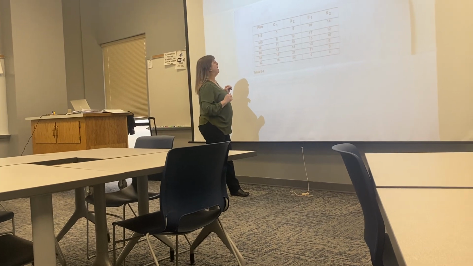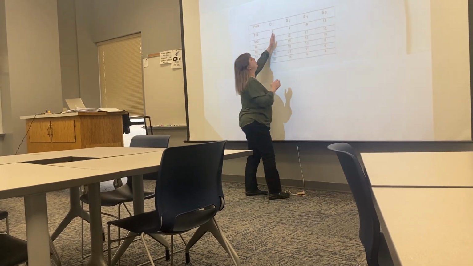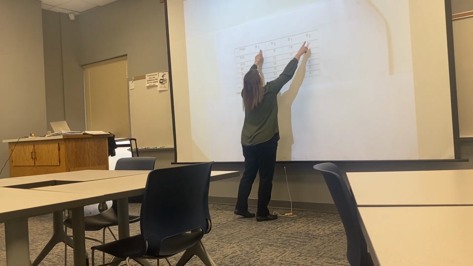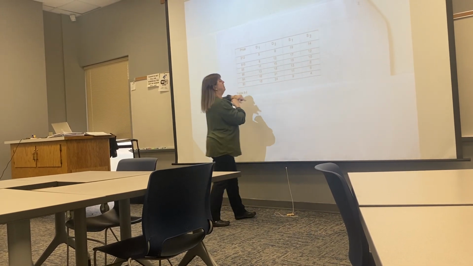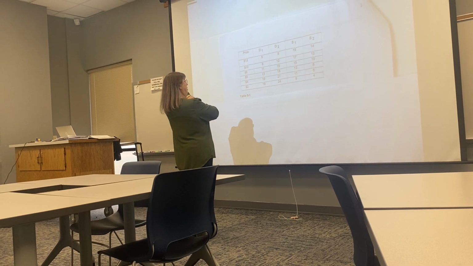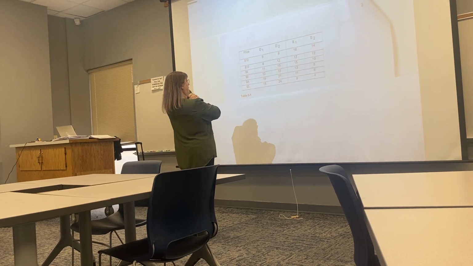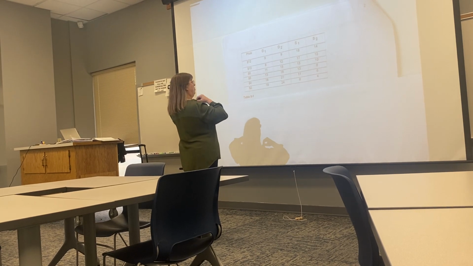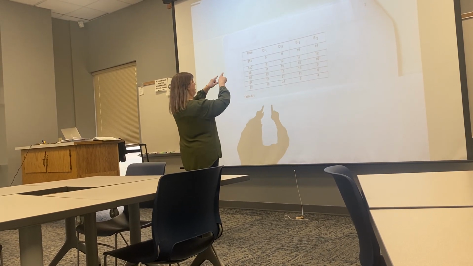So let's say we're looking at D1 and S2. Let's just look at these 2 columns. Do we have an equilibrium point there? We don't have an exact equilibrium point there, do we? So let me look at another combination.